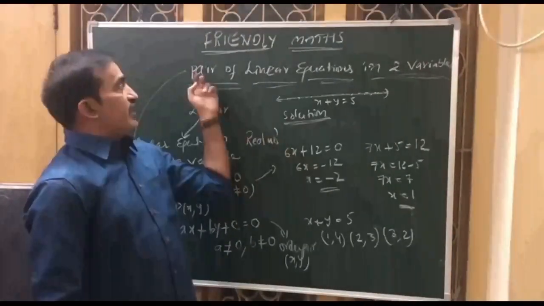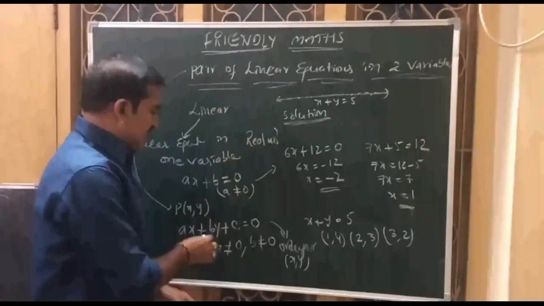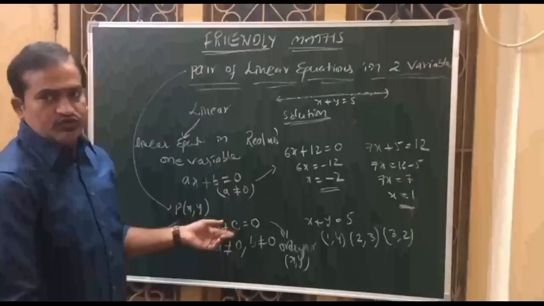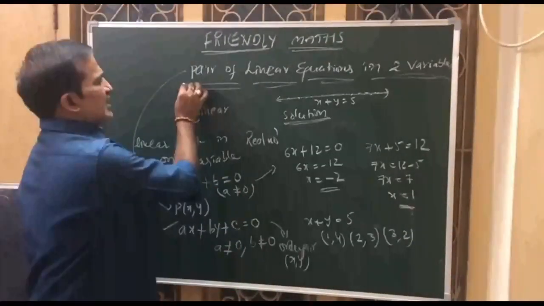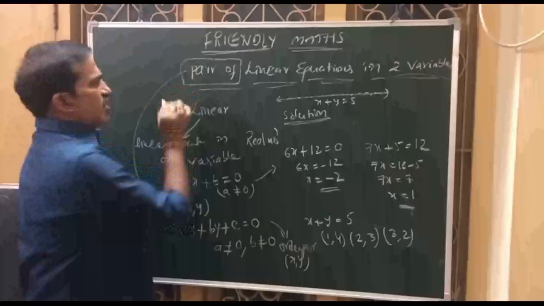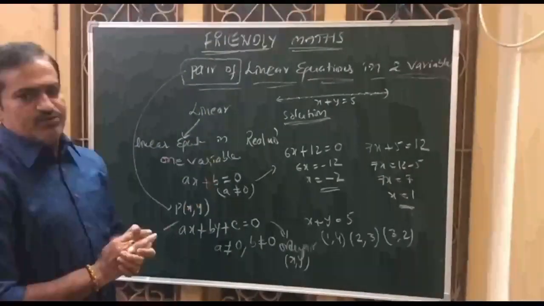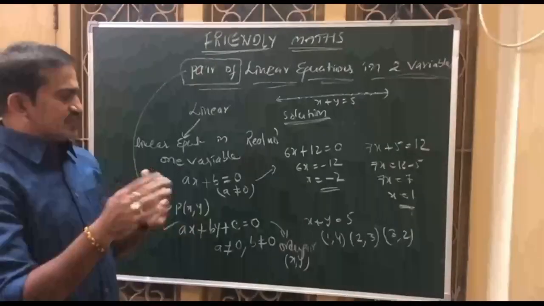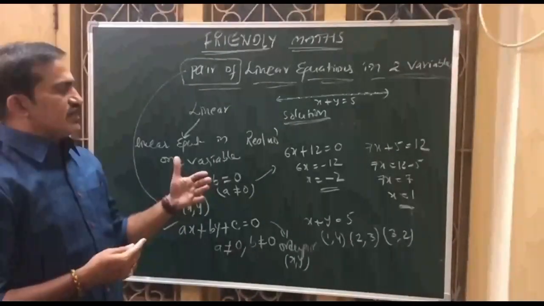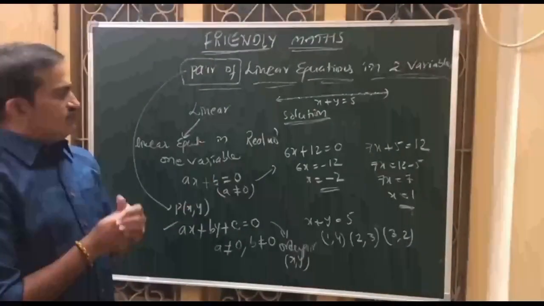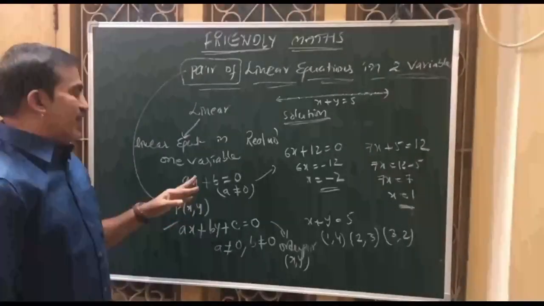Our topic is pair of linear equations. That was a single linear equation in two variables. But now in 10th class we are discussing a pair of linear equations in two variables. I hope everybody is clear about the linear equation. First, once again I will recall. Linear equation is nothing but first degree. First degree means the highest power is 1.